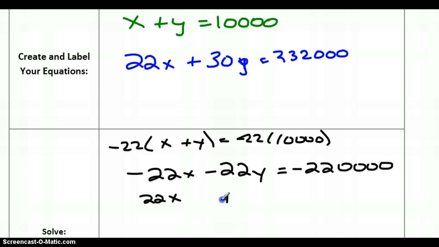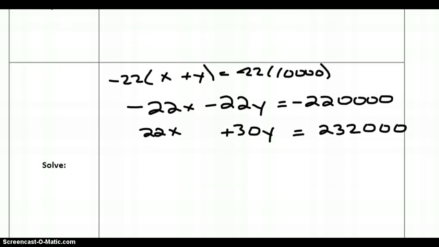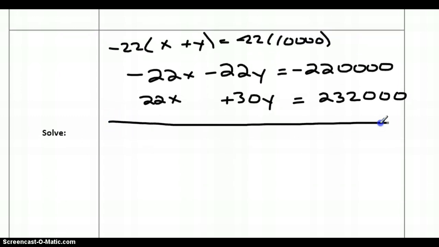That was 22x plus 30y equals 232,000. Alright. So the addition method says if I add these up, the x's eliminate in this case because I've got negative 22 and positive 22. The y's, negative 22 plus 30 adds to 8y equals, let's see, place value.